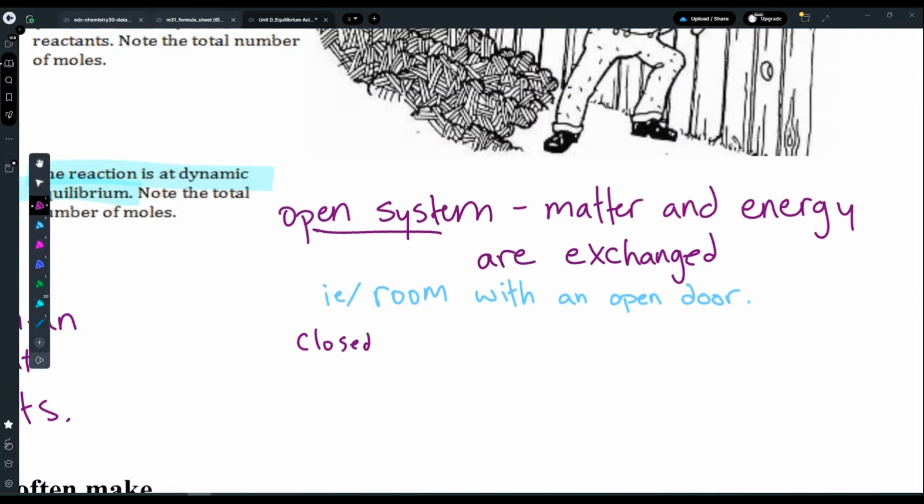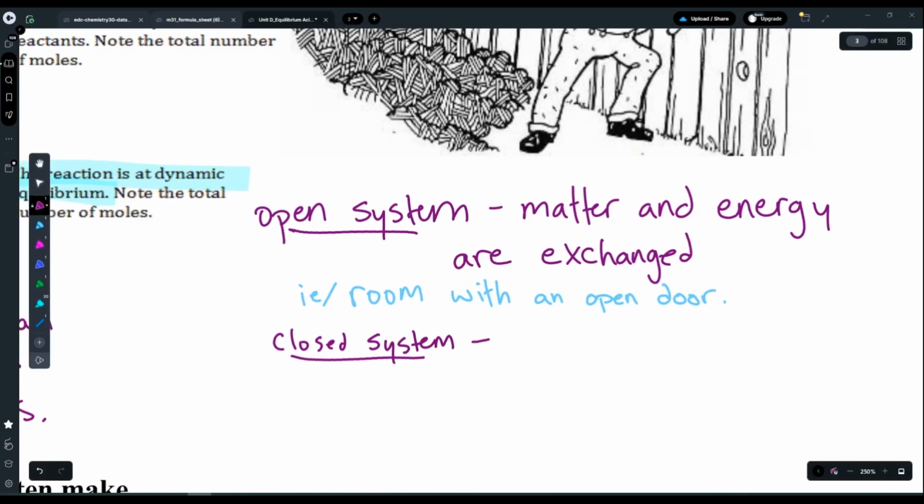The next system is a closed system. So where a closed system is different from an open system is that no matter can be exchanged, but energy can go in and out of the system.